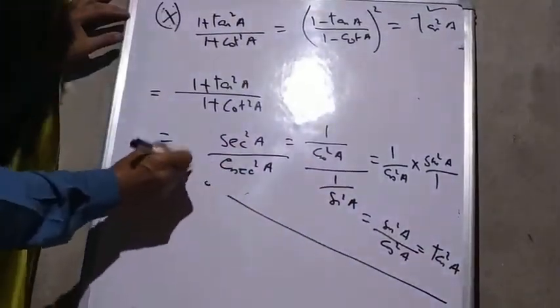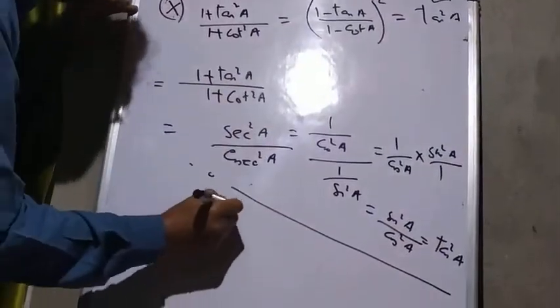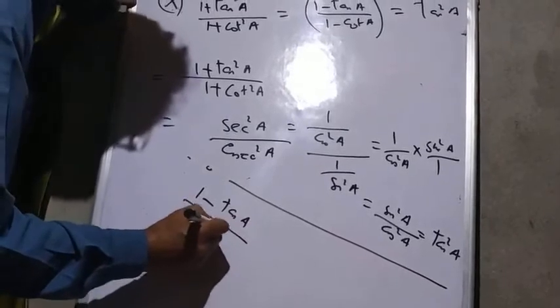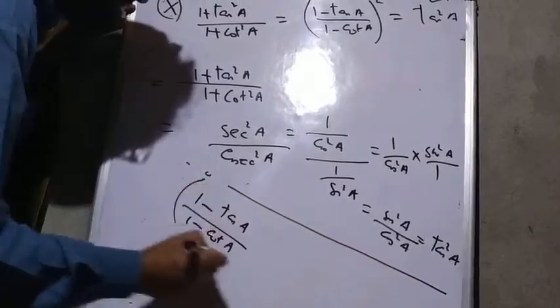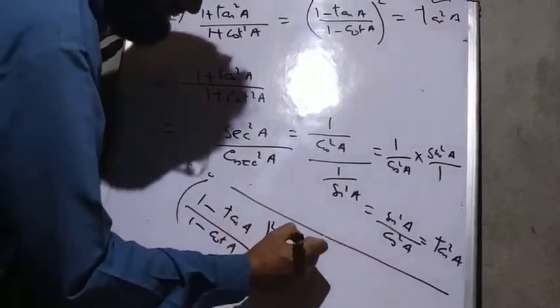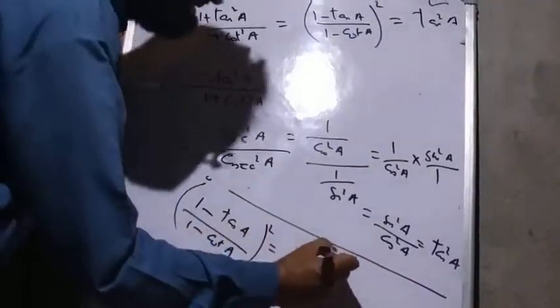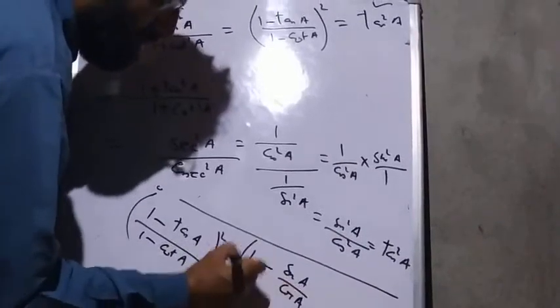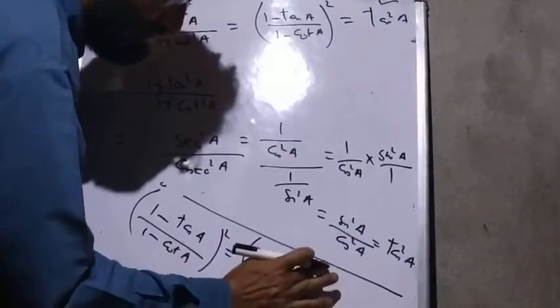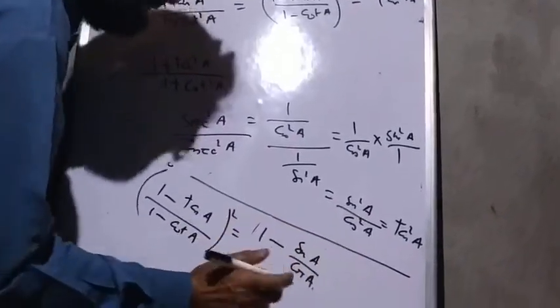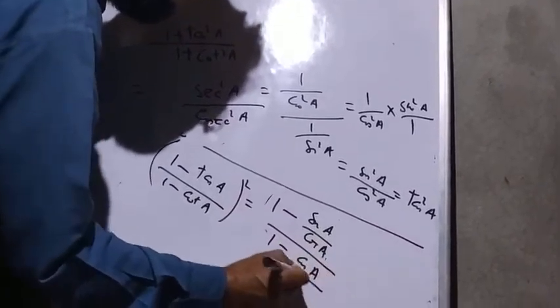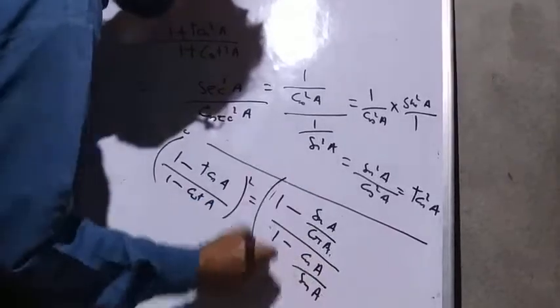So let's take 1 minus tan A divided by 1 minus cot A whole square. This is further equal to 1 minus, what is tan A? It is sin A divided by cos A, whole square, divided by 1 minus cos A divided by sin A, this whole square.